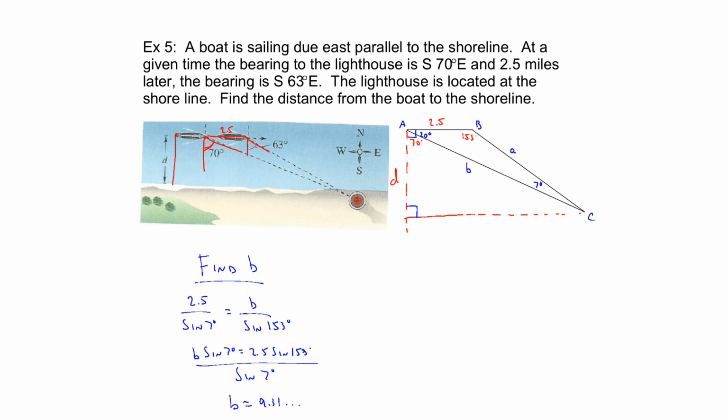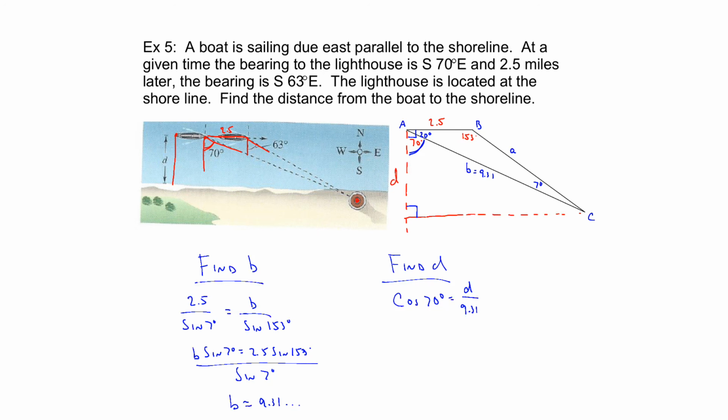Now that we know that B is approximately 9.31, we're going to look for side D using right triangle trig. So find D. Now we know that this angle is 70, and we have the adjacent side and the hypotenuse, so we can use cosine. We'll do cosine of 70 degrees is equal to the adjacent side over the hypotenuse.